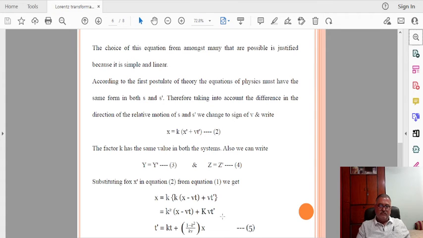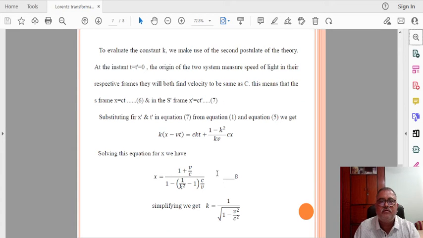By solving this, we will get k into k is k square, multiplied by the factor (x minus v t) plus k v t prime, and t prime we can write as k t plus (1 minus k square) upon k v into x.